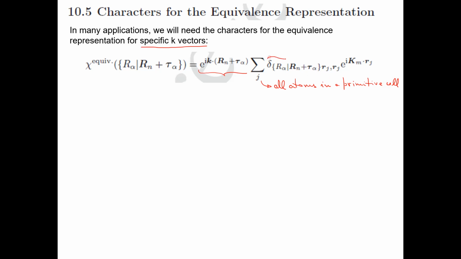So you count either 0 or 1 depending on whether the atom is invariant, then you count 1, but if you move the atom to another position, you count 0.